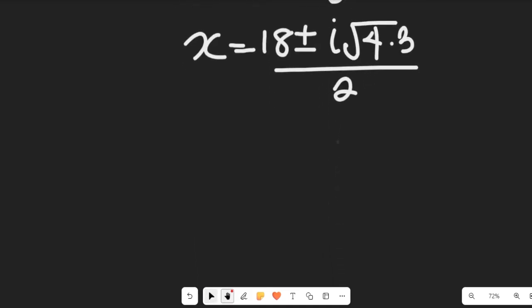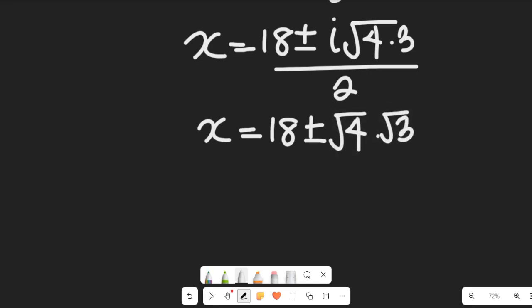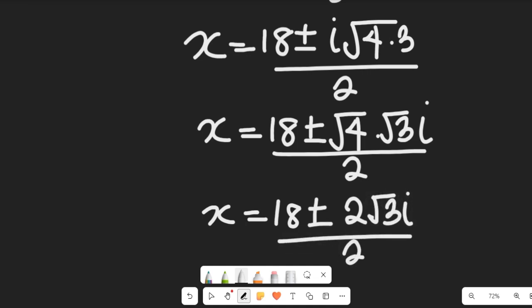And then the value of our x will be equal to 18 plus or minus the square root of 4 multiplied by the square root of 3, times i, all divided by 2. So x will be equal to 18 plus or minus 2 root 3i, all divided by 2.